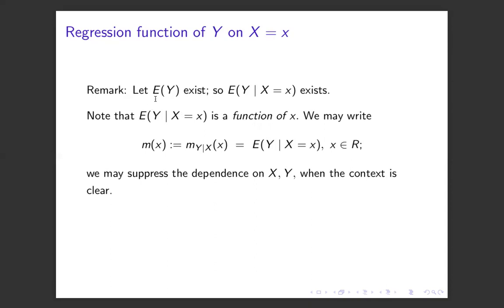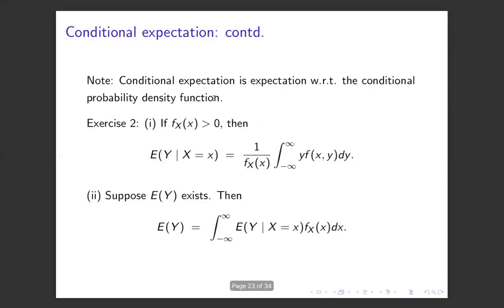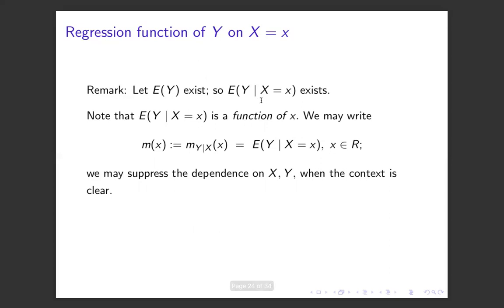So let us assume that expectation of y exists. Therefore, from the previous slide, we know that the conditional expectation of y given capital X equal to small x exists. Note that this object is a function of x.